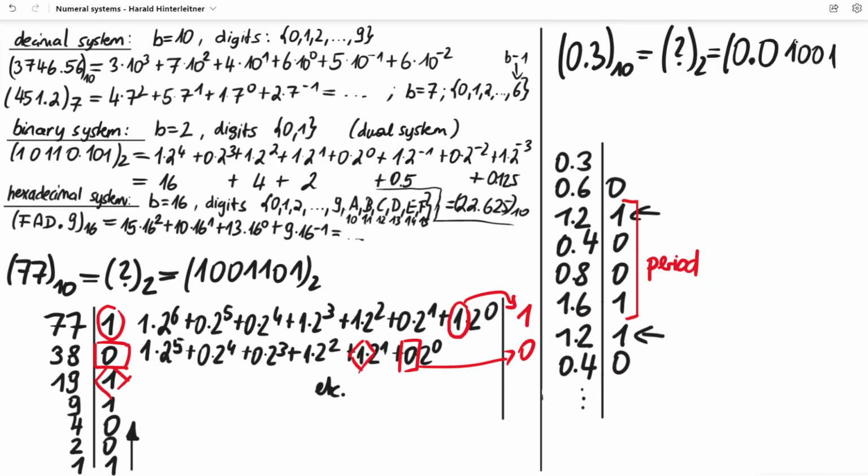So the 4-digit period is indicated with an overline over these four digits. So what does this mean? This means, if you would write it out, that this is repeated infinitely often. So let's write a few. 0.0, 1001, 1001, 1001, and so on.